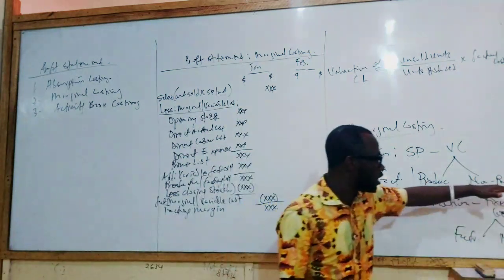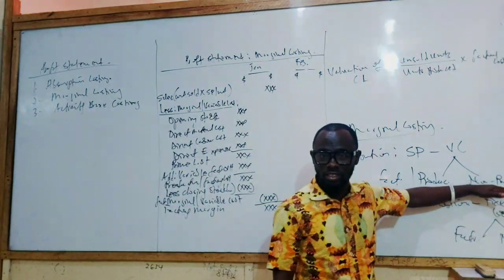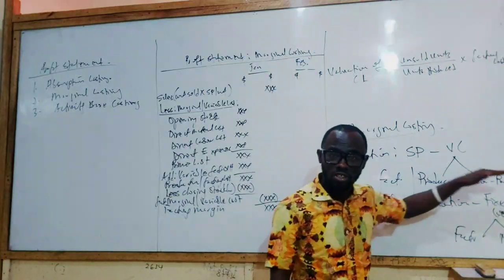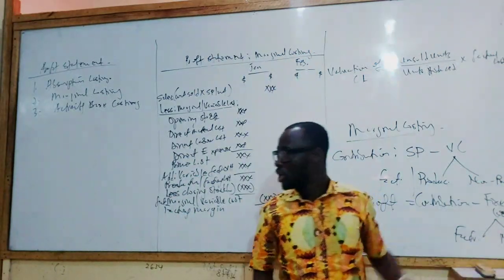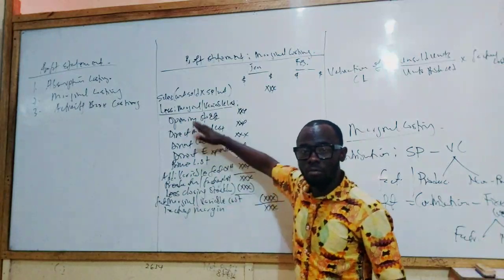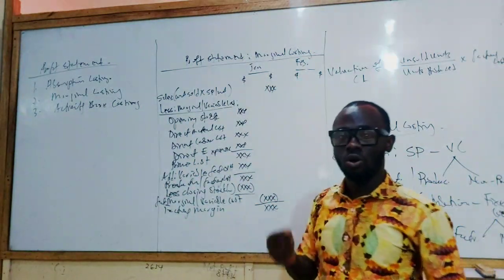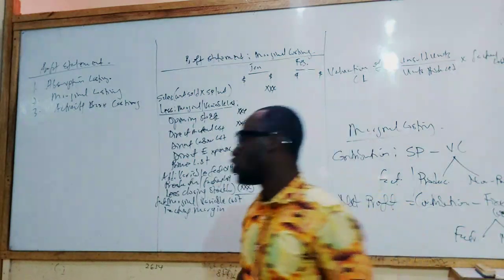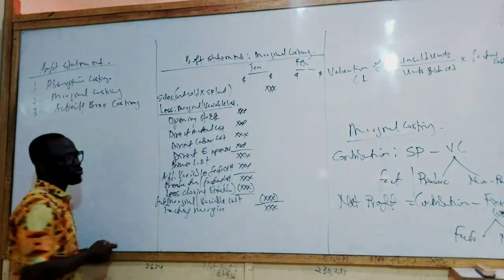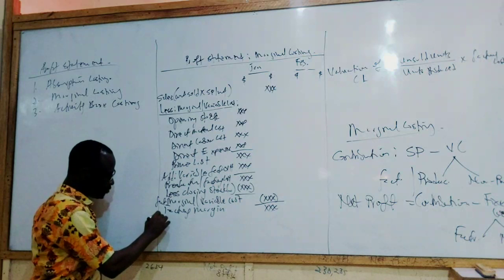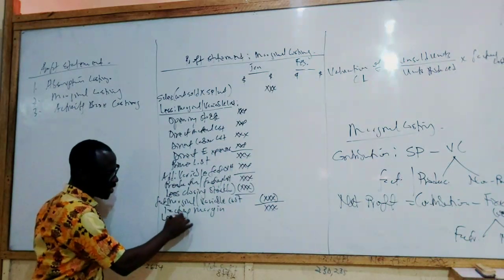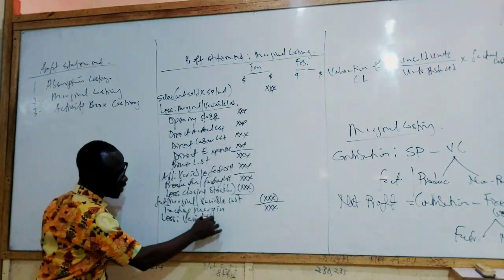Factory cost and then non-production overheads. Variable factory cost and then variable non-production cost. But now we've dealt with only variable production cost. For that reason, the answer we get here is called what? The factory margin. So after we get a factory margin, we say less the variable non-production overheads.